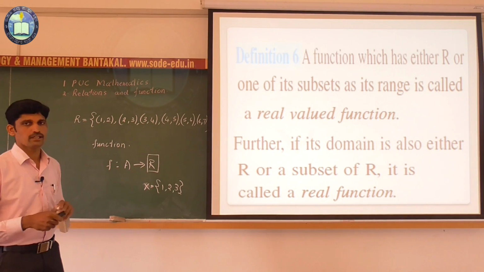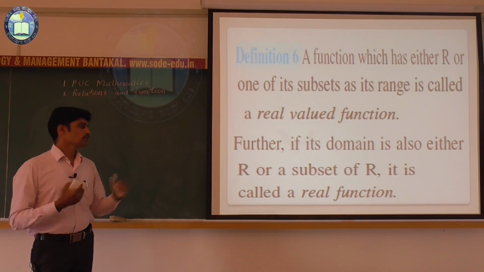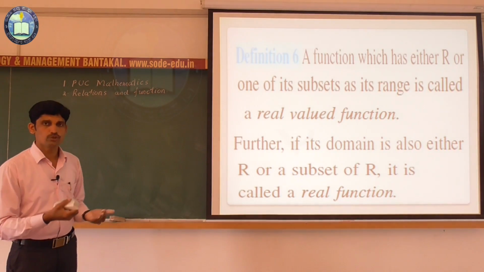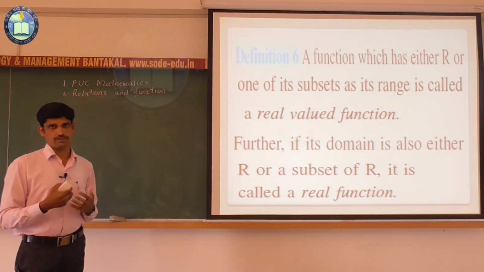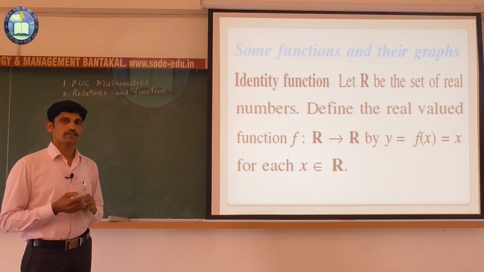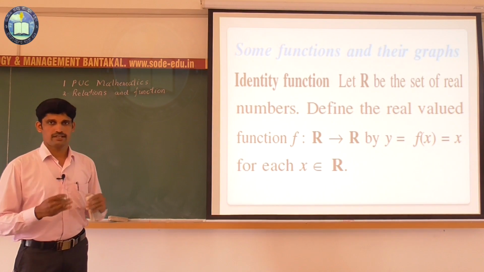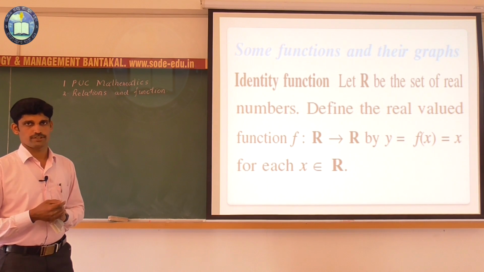Then it is called a real function. So here we can observe that all real functions are real valued functions, but all real valued functions may not be real functions. Next we are going to study some of the important functions, their graphs and also domains and ranges. First one is identity function.